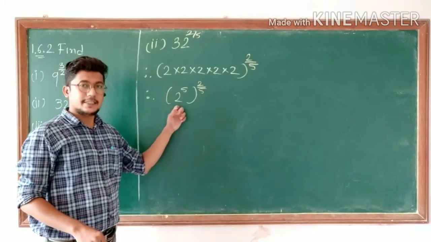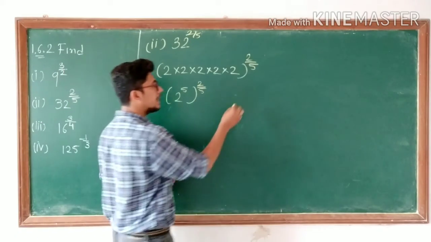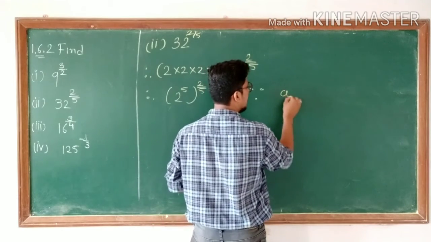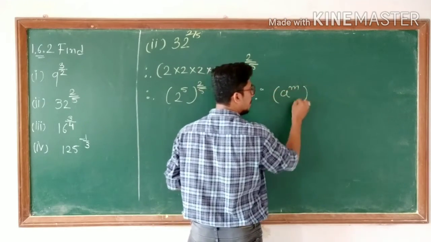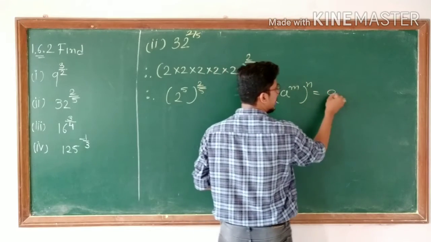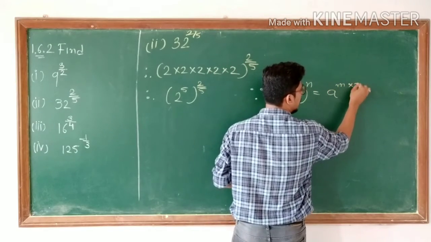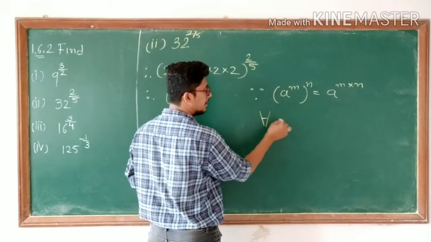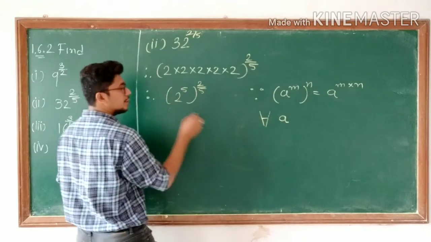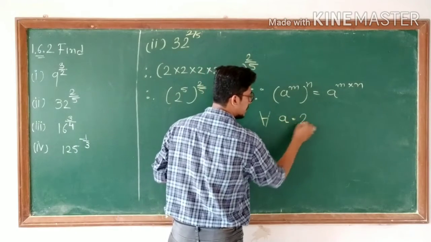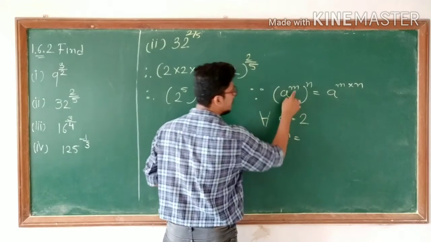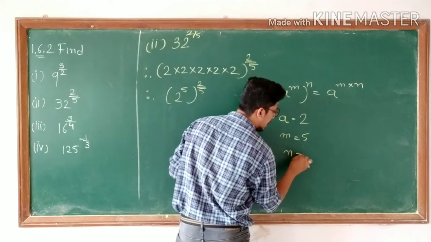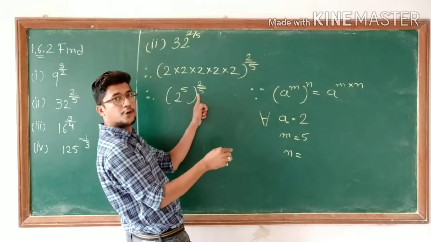This looks like the identity a to the power m, to the whole power n, is equal to a to the power m into n. Yes or no? Yes. Where a is equal to 2, m is equal to 5, n is equal to 2 upon 5.